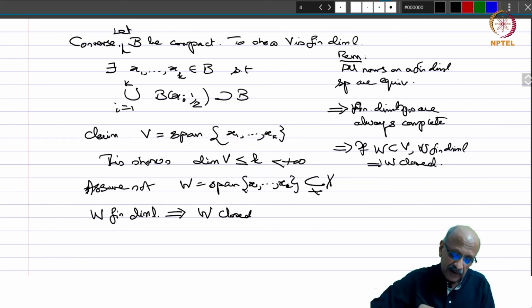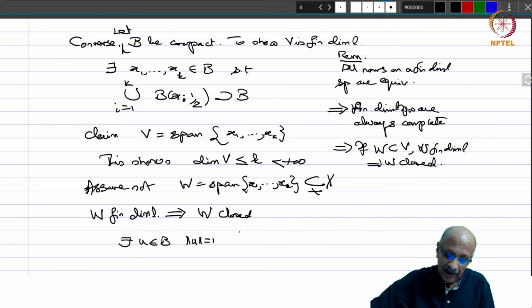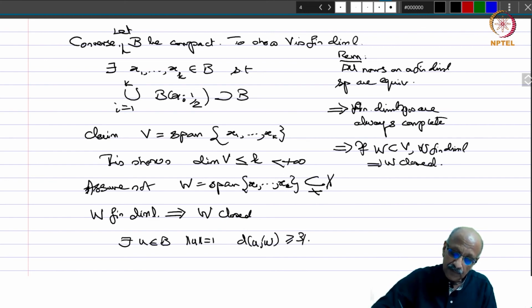Therefore, by the Riesz lemma, there exists a u in B, norm u equal to 1, that's of course there, and in fact we have d of u, W is greater than or equal to 2 by 3. But this is a contradiction.